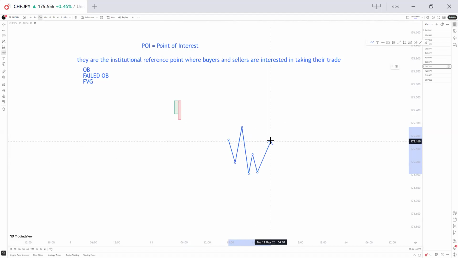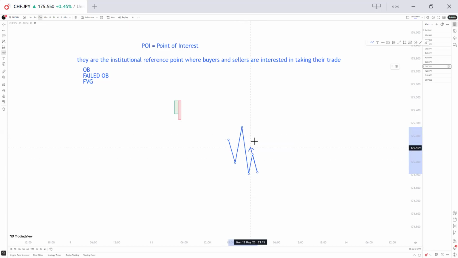Then you are interested in any zone around this place, either a fair value gap, order block, or failed order block. Failed order block will surely be around here. Your order block and FVG are along this place.